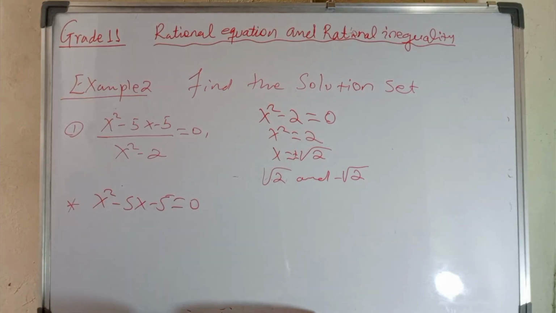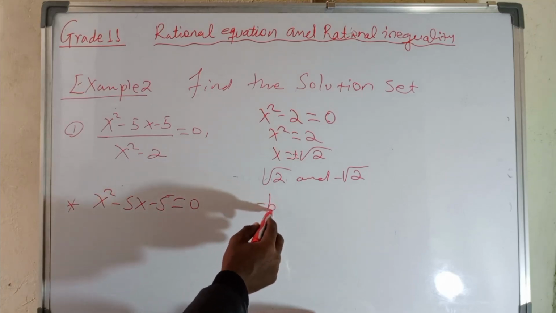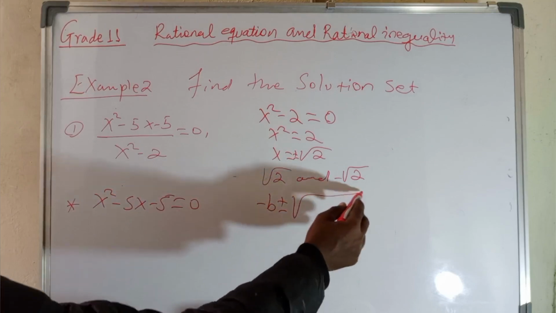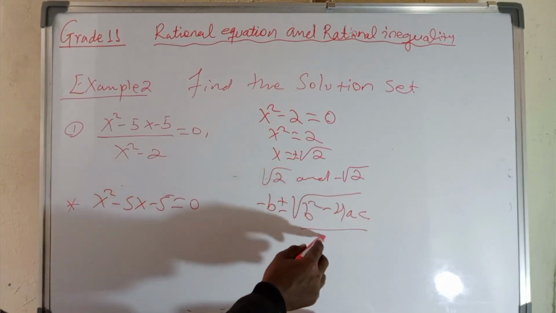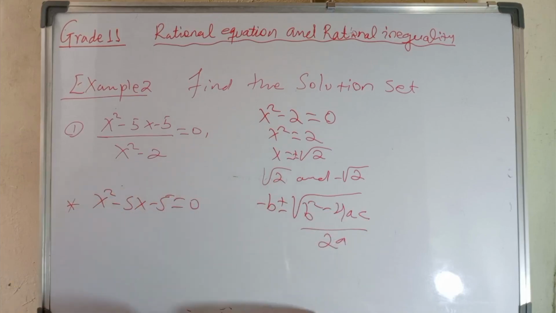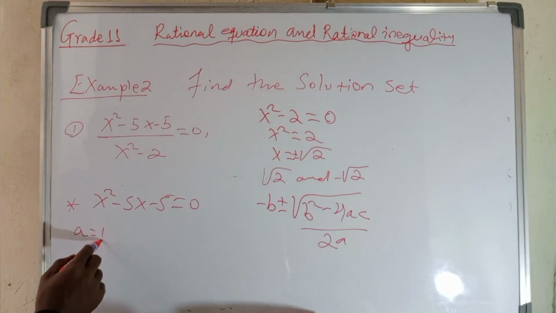Yes, when we find the value of x, we want to use the formula of the quadratic equation. What is the formula of the quadratic equation? Negative b plus or minus the square root of b squared minus 4ac, divided by 2a. Here it is. What is the value of a? The value of a is equal to 1.